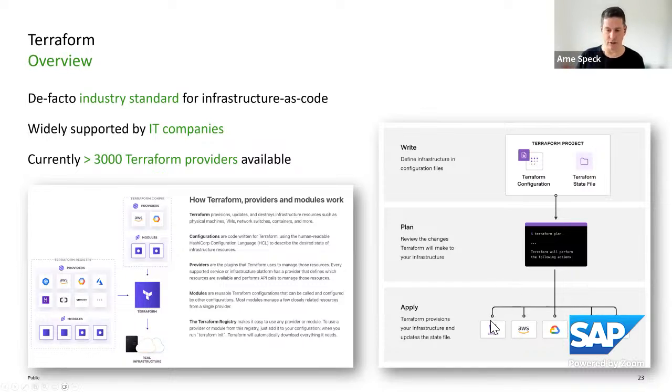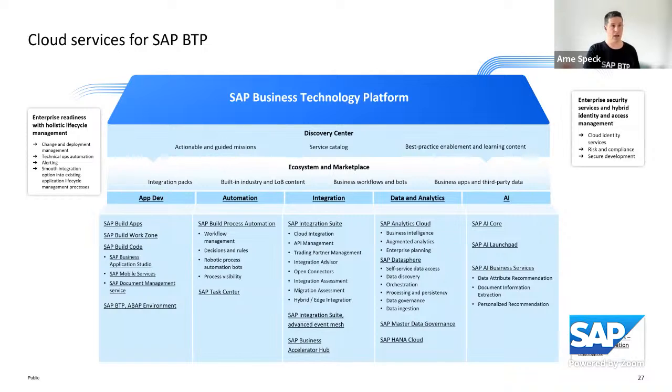So it does not only include the possibility to do administrative tasks in BTP, but also in more than 1,000 different cloud providers. So we are now also providing a so-called Terraform provider, which enables you to do a lot of those administrative tasks within Terraform and use that for the automation of your tasks.